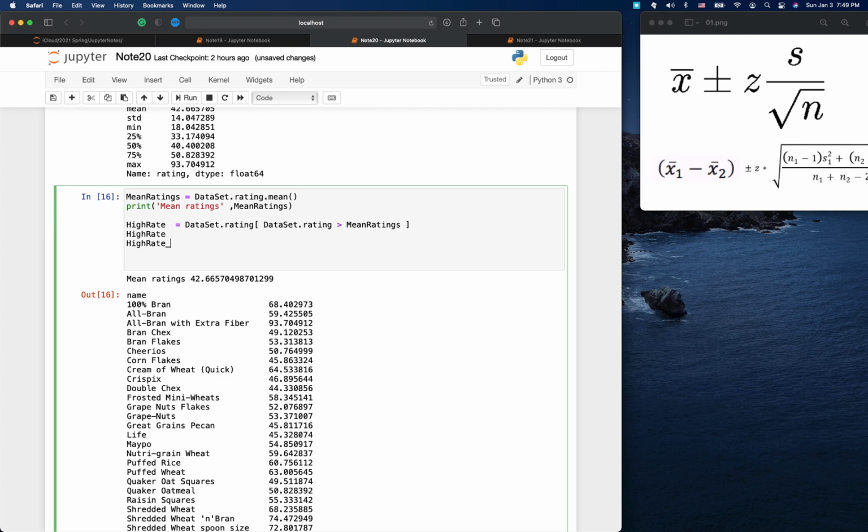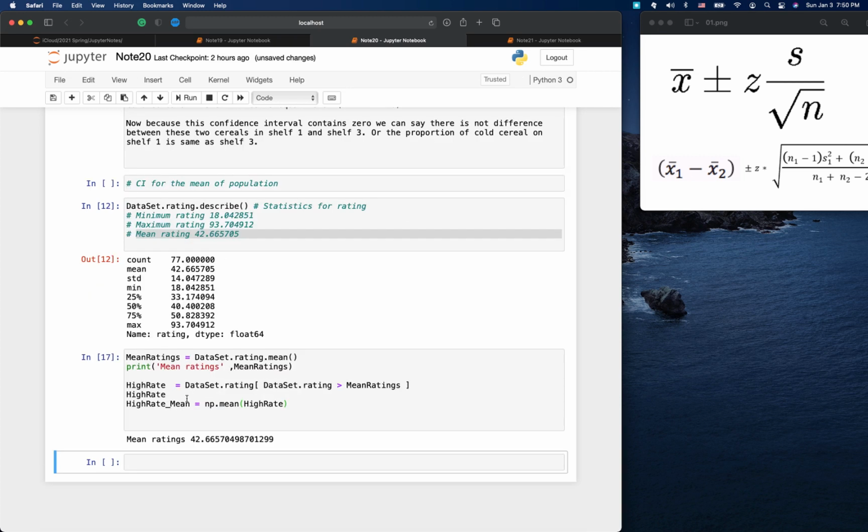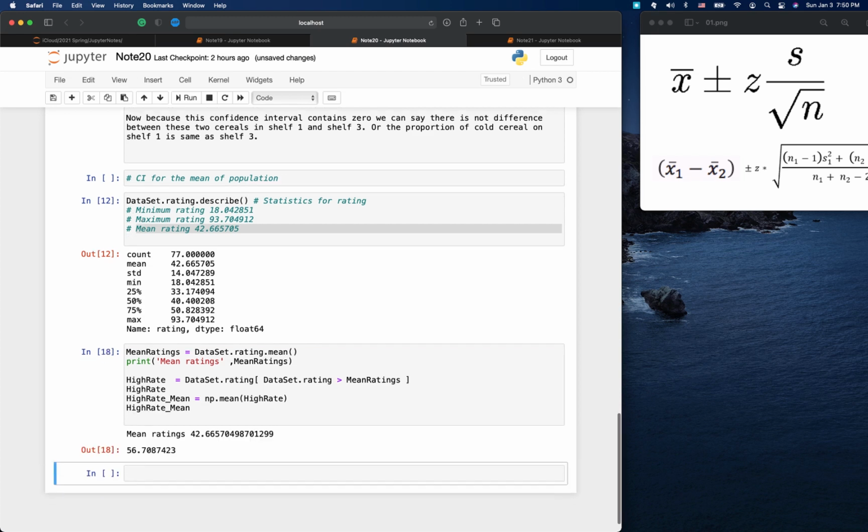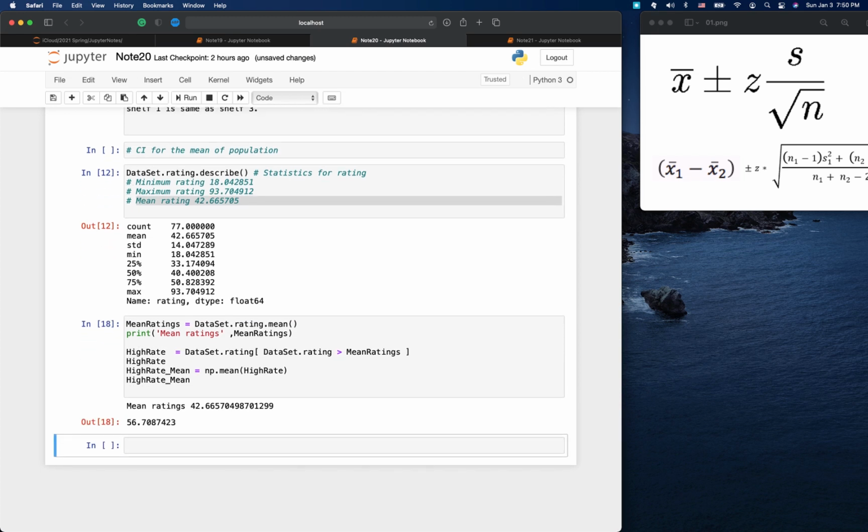I'm creating a variable, np dot mean, and then this one.